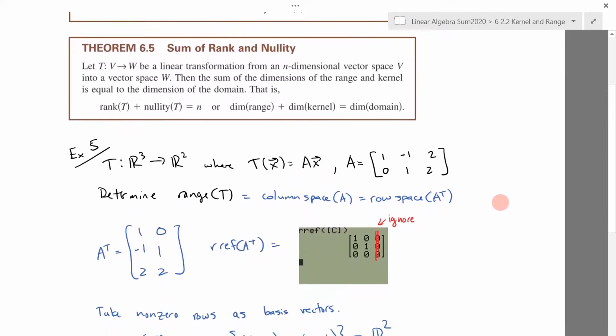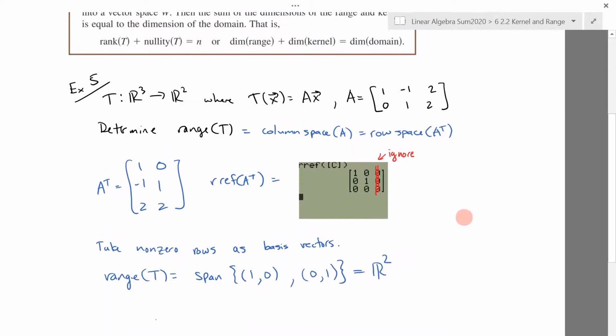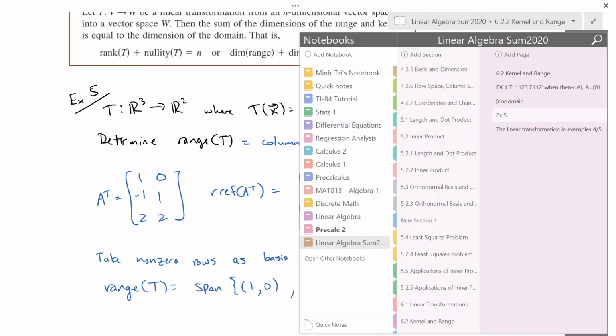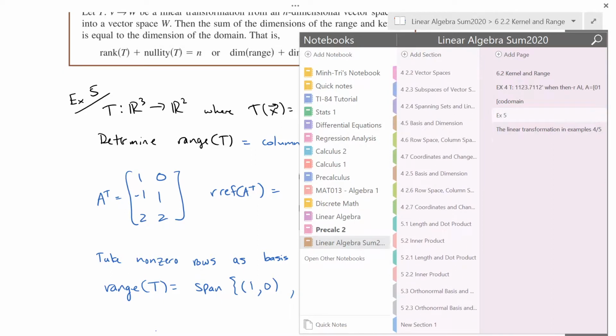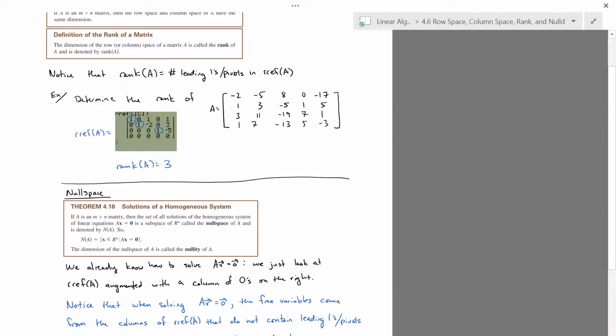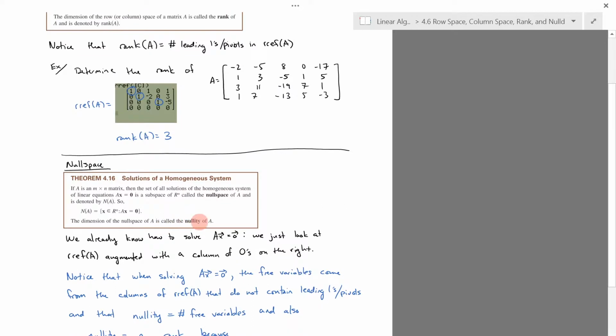So let's see how the range and the kernel are related. If you remember from chapter 4, there was something we can calculate involving the various dimensions called the rank and the nullity. So you have the rank of the matrix and the nullity of the matrix.